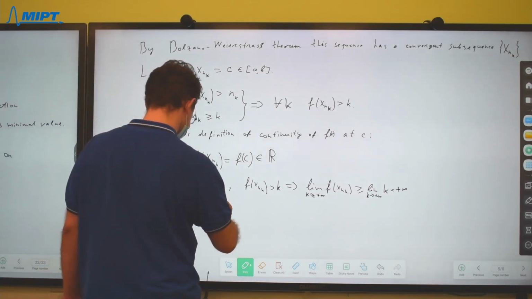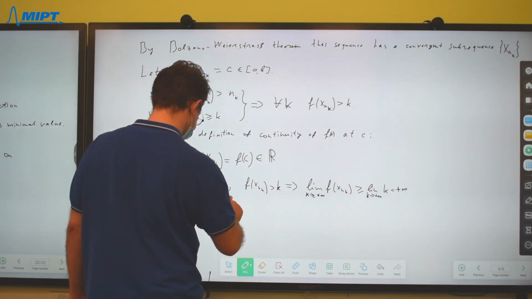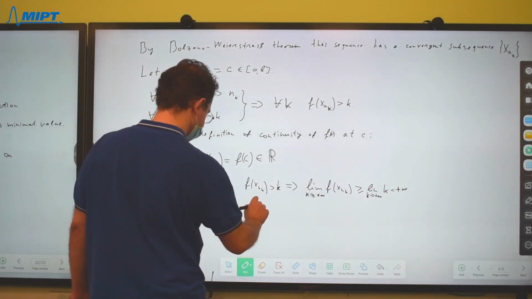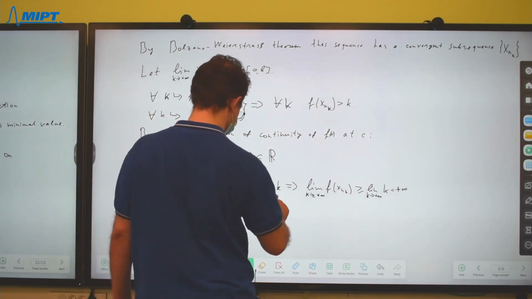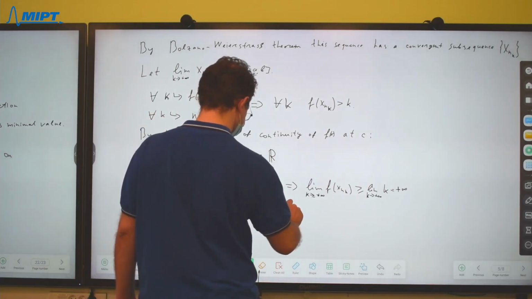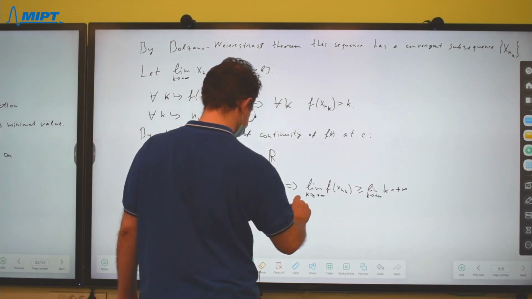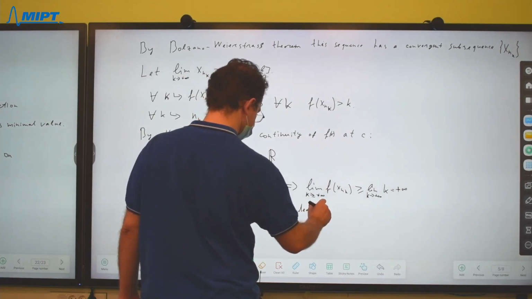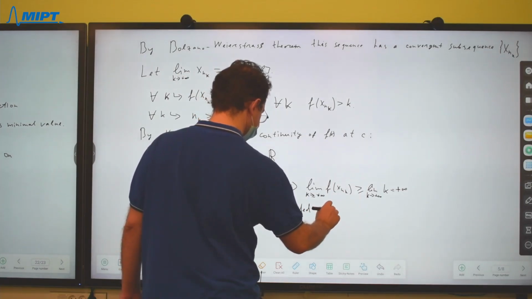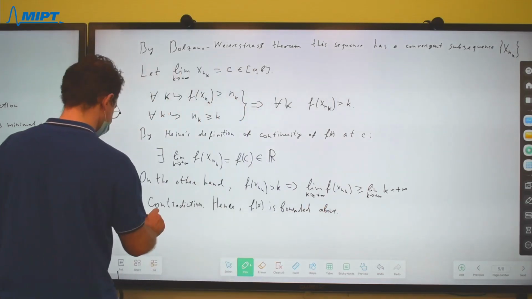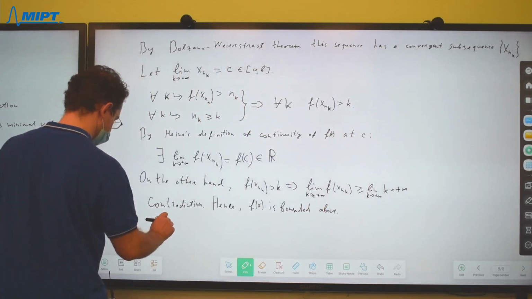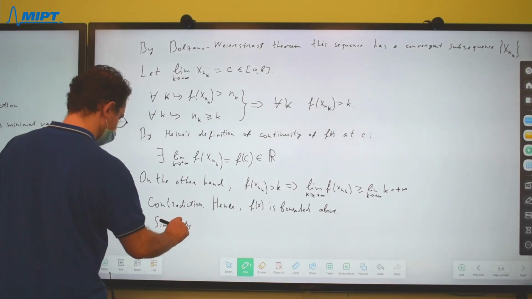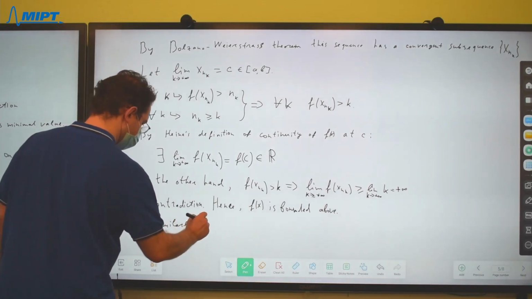Hence, my function is bounded above. Similarly, it is bounded below.